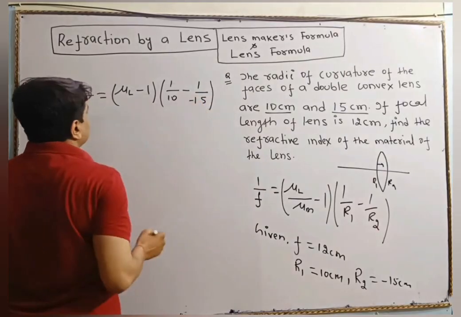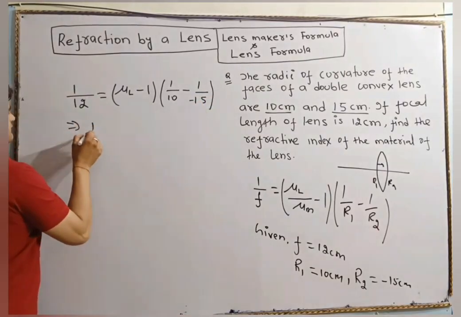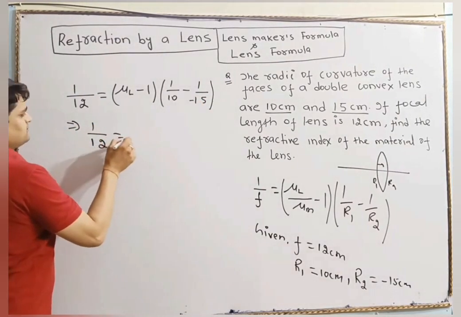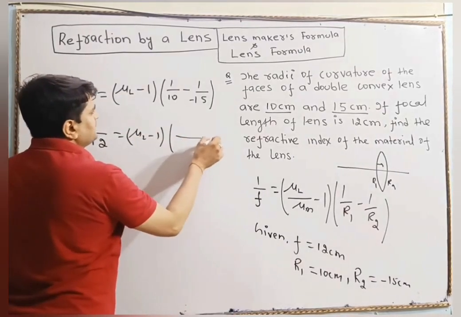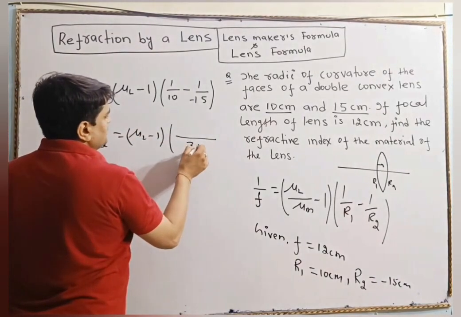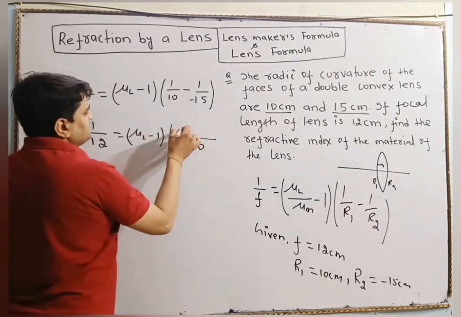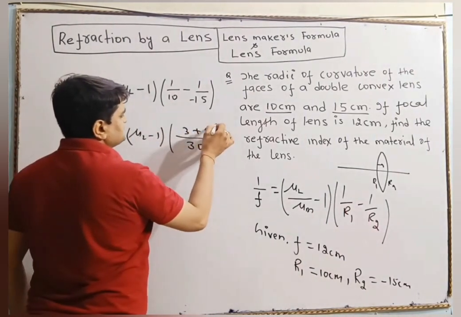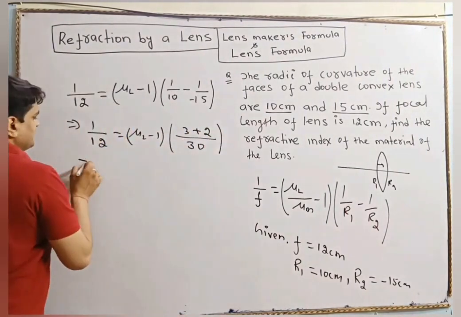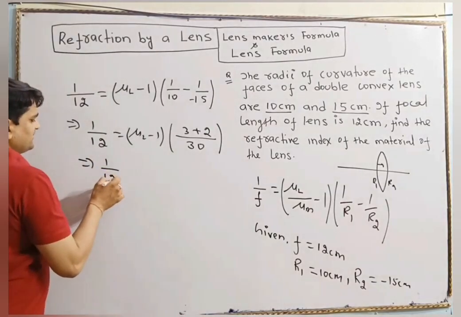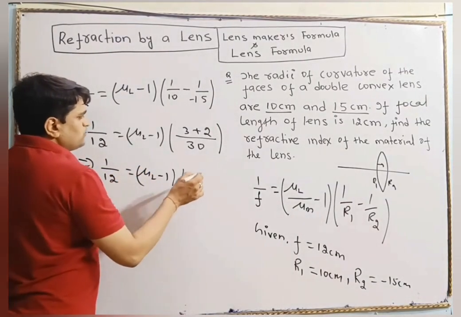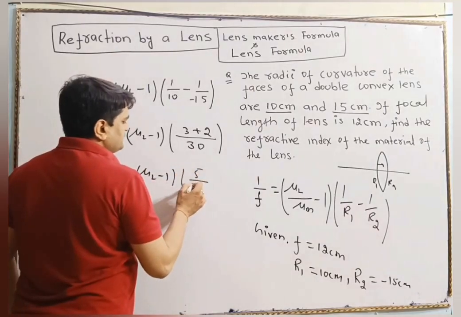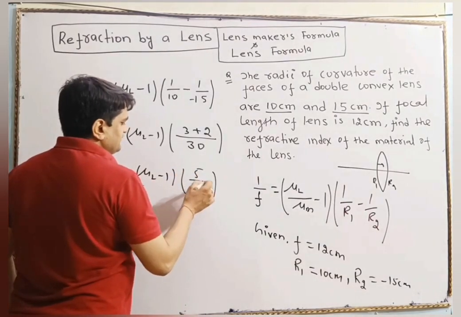Okay, it becomes positive. It will be 1 upon 12 equal to (mu L minus 1) into (3 plus 2) upon 30. So 1 upon 12 equals (mu L minus 1) into 5 upon 30.